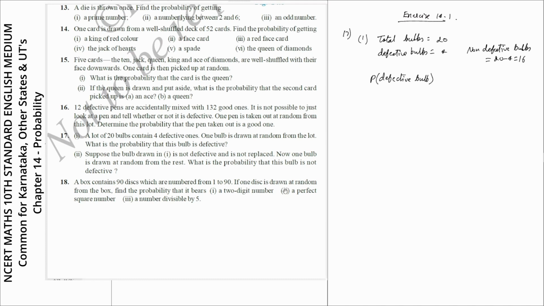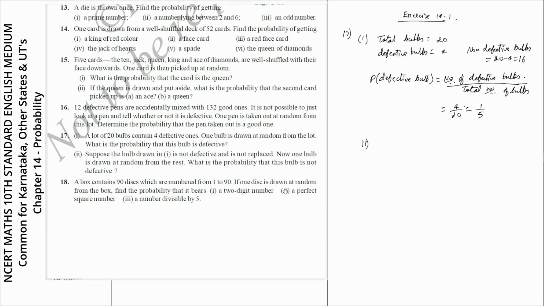So probability that a defective bulb is picked will be equal to number of defective bulbs divided by total number of bulbs. You can avoid writing this sentence, you can directly write the numbers. So here it is 4 by 20 is equal to 1 by 5. 4 ones are 4, 4 5s are 20.